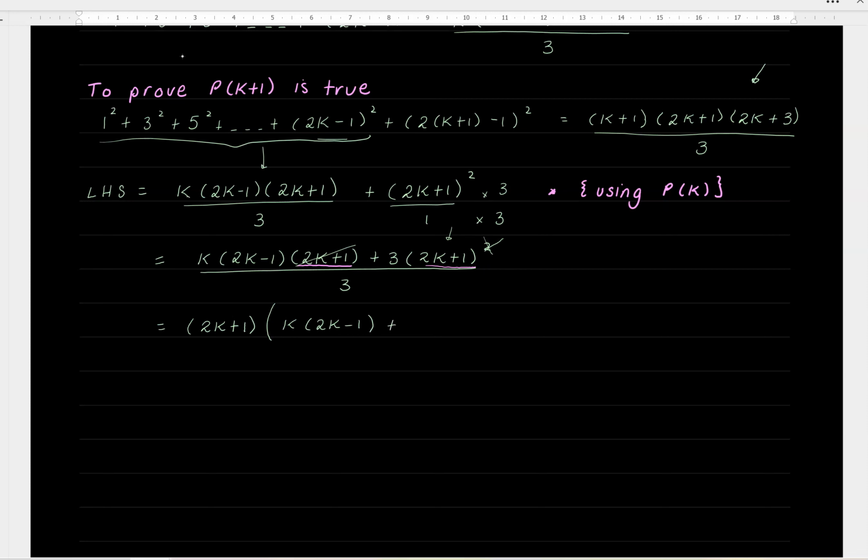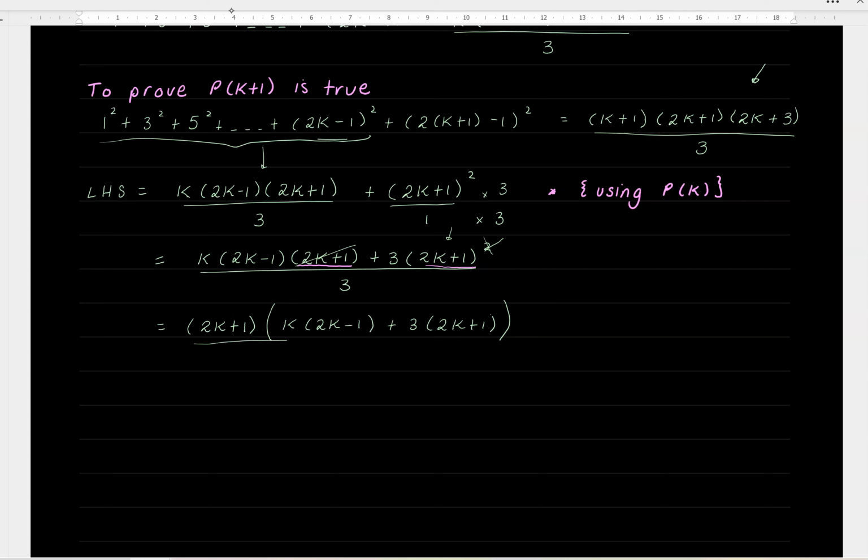So I'm left with plus 3 and just one lot of 2K plus 1, okay? Because when you now expand this times this, you will get that first term, and when you times 2K plus 1 by 3 times 2K plus 1, you will get this 2K plus 1 all squared. Okay, hopefully that makes sense.